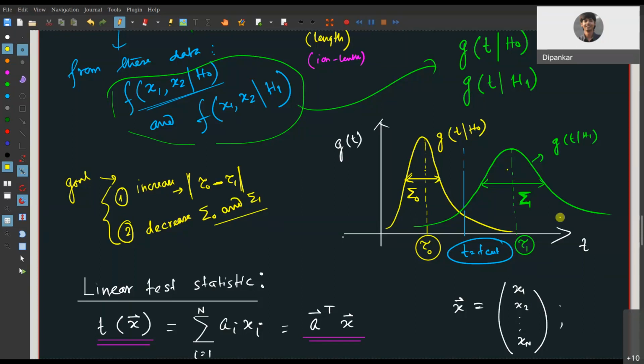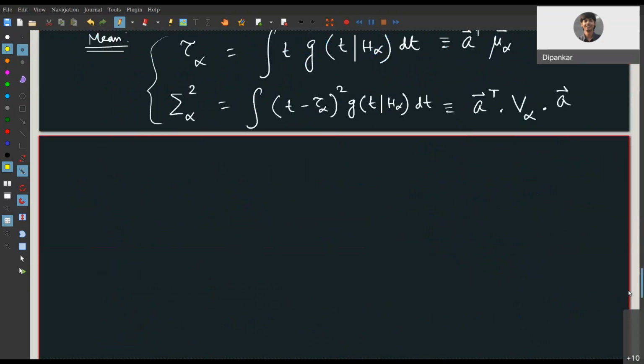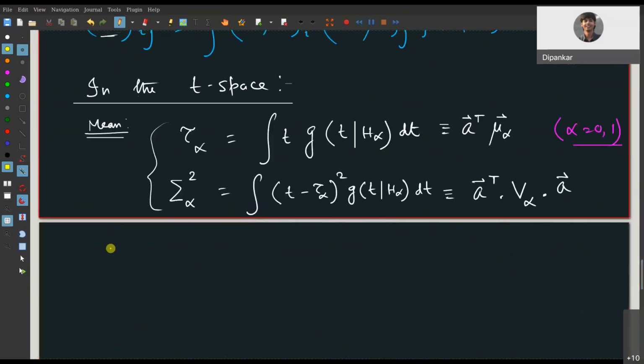Okay. So then, if I construct a quantity that I call J, that is defined as tau 0 minus tau 1 squared divided by sigma 0 squared plus sigma 1 squared. Notice this is a dimensionless thing because the dimensions upstairs and downstairs cancel each other.